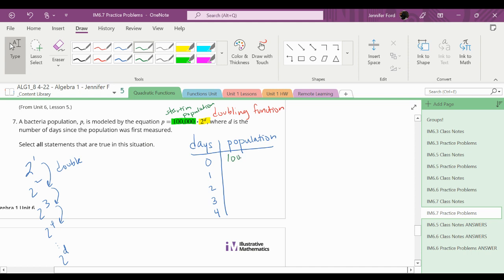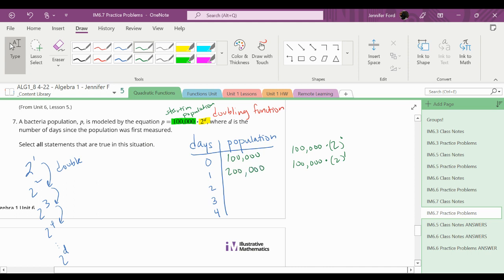So I'm going to start with 100,000 bacteria, okay? That's 100,000 times 2 to the zero, but I don't have any of them, so it's just 100,000. The next one is going to be 100,000 times 2 to the first power, 100,000 times 2, which is 200,000.